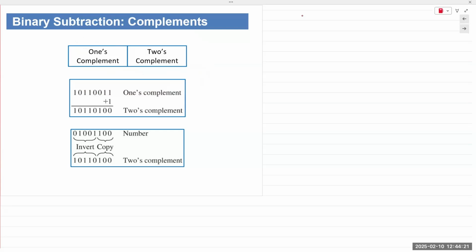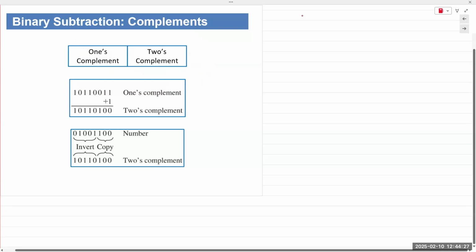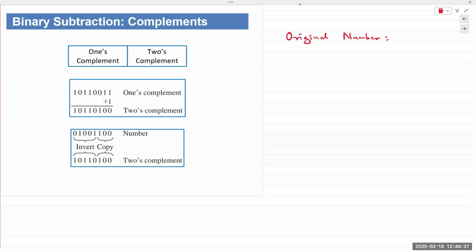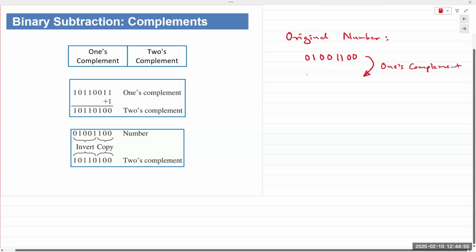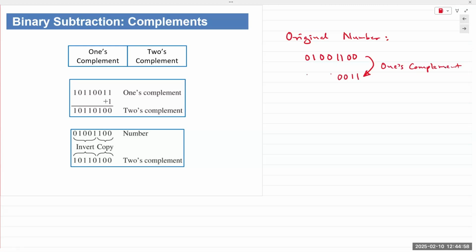If you have a number given by 0, 1, 0, 0, 1, 1, 0, 0, then the ones complement of that number is simply the complement, meaning every bit is inverted: 1, 0, 1, 1, 0, 0, 1, 1.